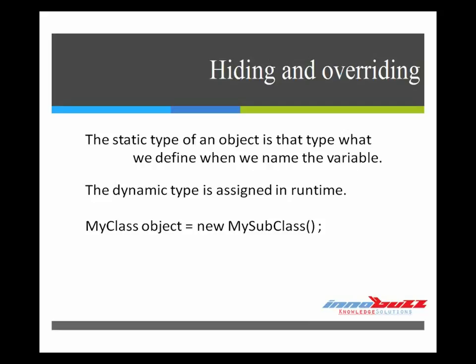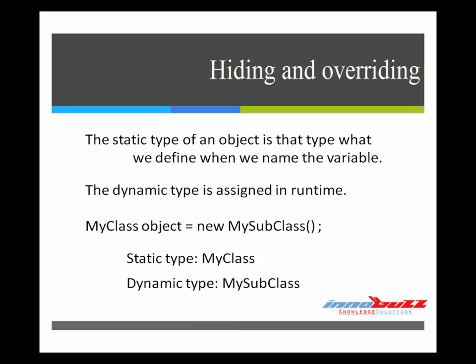We create a new object which has static type my class and dynamic type my subclass, which is the subclass of my class. And if we call an overridden method, we invoke the method of the subclass.